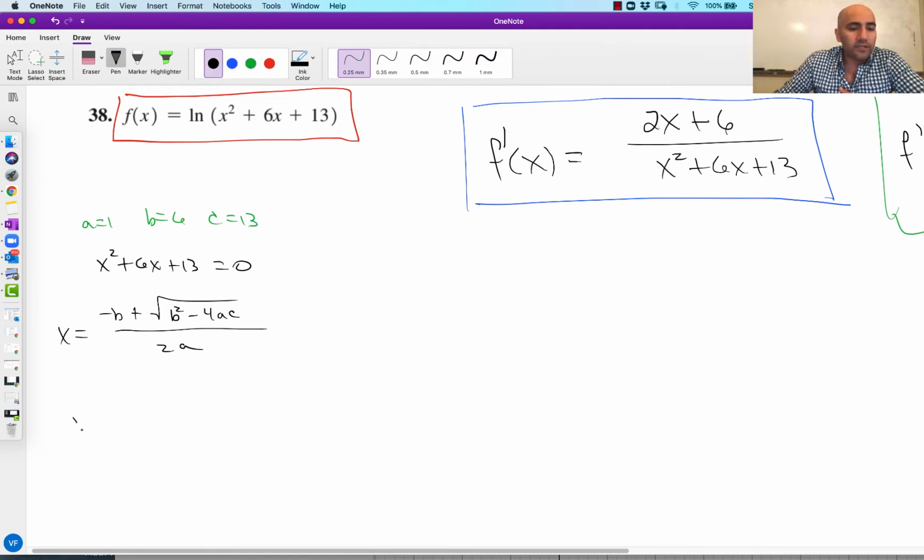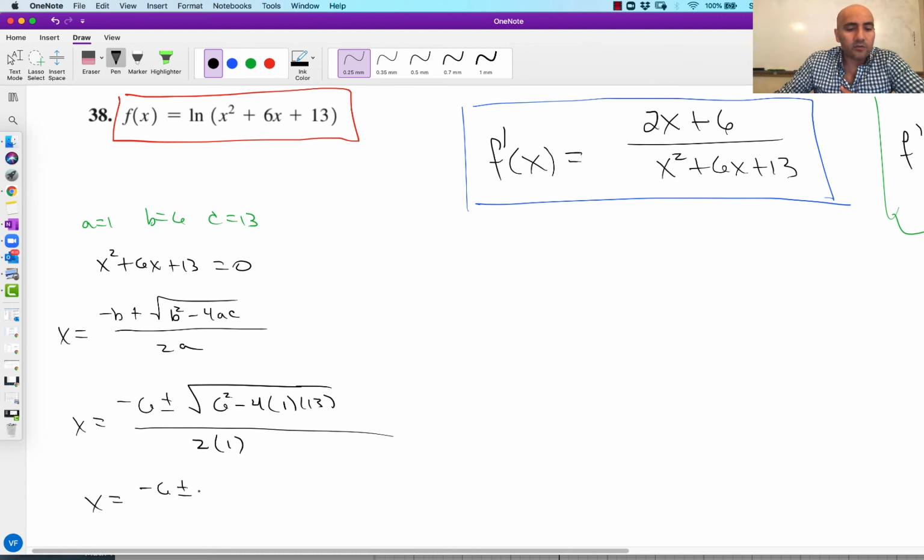So if we plug them all in here, we get x equals negative 6 plus or minus the square root of 6 squared minus 4 times 1 times 13, all over 2 times 1. And I can see right away that this is going to be negative 6 plus or minus the square root of 36 minus 4 times 13, which is 52.